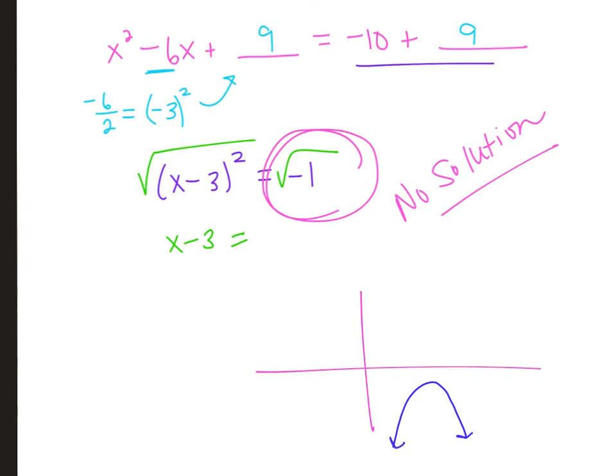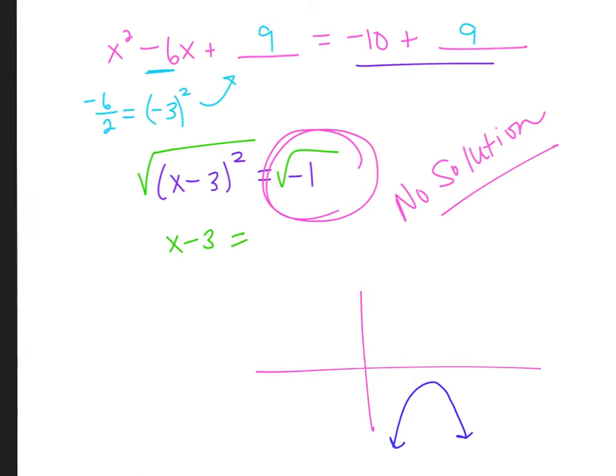And our solutions are x-intercepts. And if you have a parabola that never touches the x-axis, then this is what happens when you go to solve it. When you go to solve it and you can't because you're trying to square root a negative number, that just means it never crossed the x-axis. So that's perfectly normal, perfectly fine.